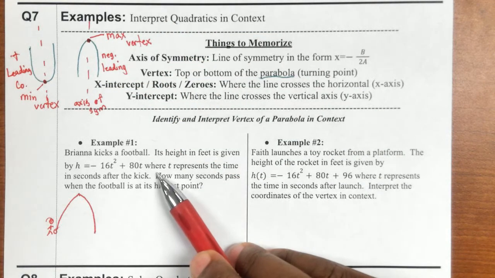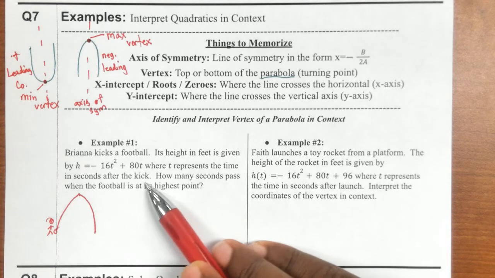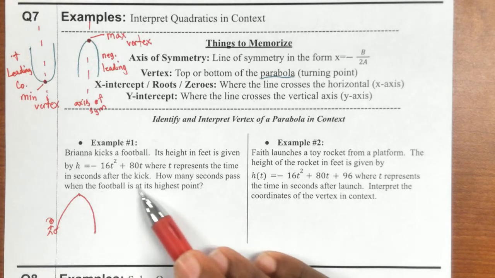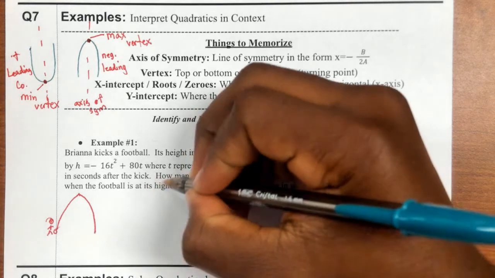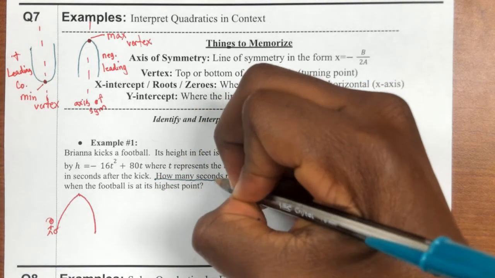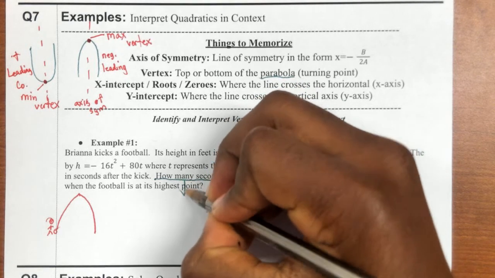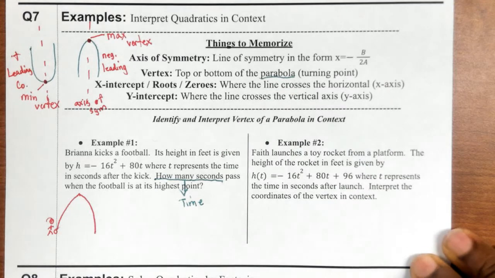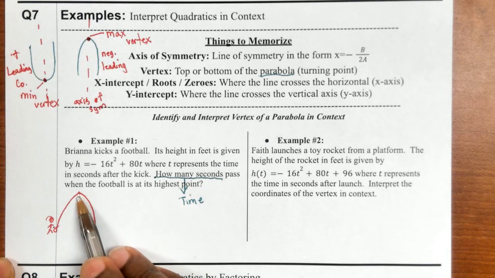It continues to say where T represents the time in seconds after the kick. How many seconds has passed when the football is at its highest point? The question is asking me how many seconds. When the question asks you for how many seconds, it's asking you for time. So to figure out time, I'm trying to figure out the time that it takes me to get to this highest point.